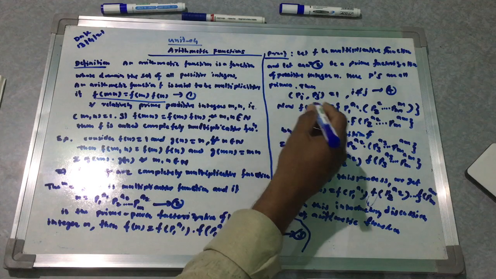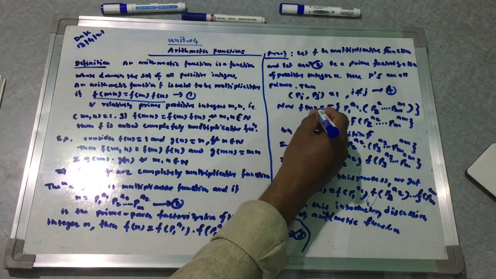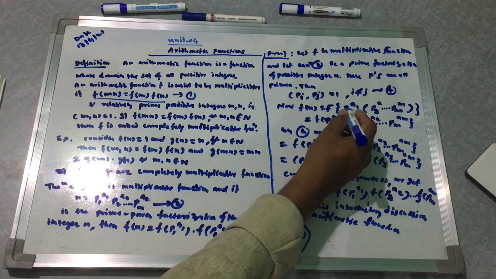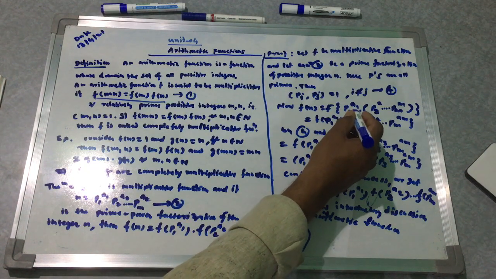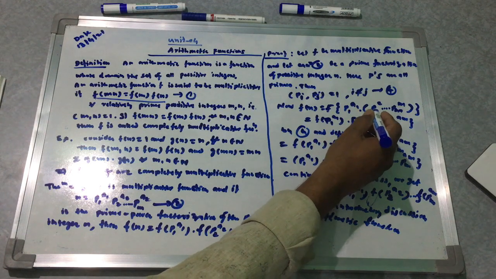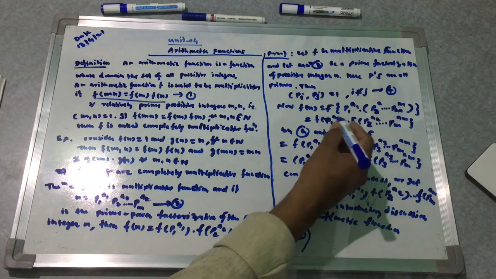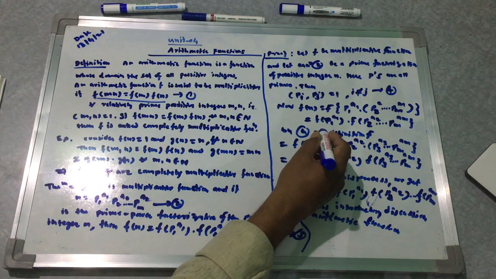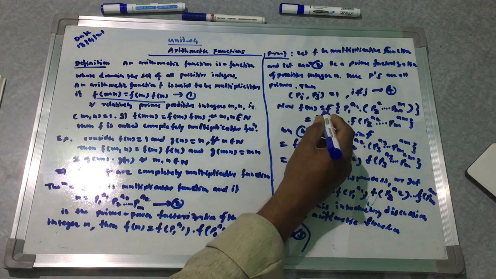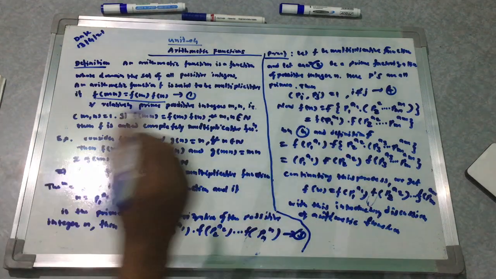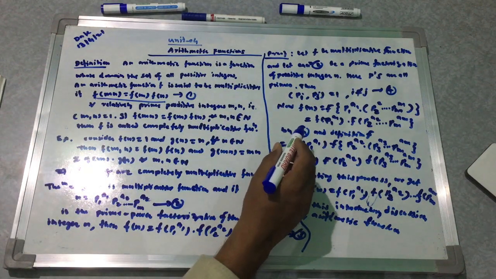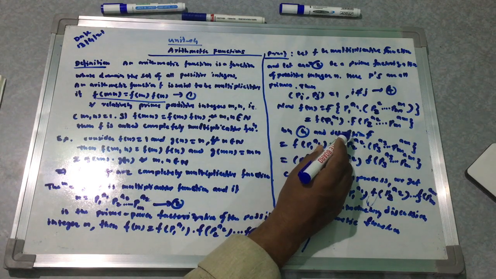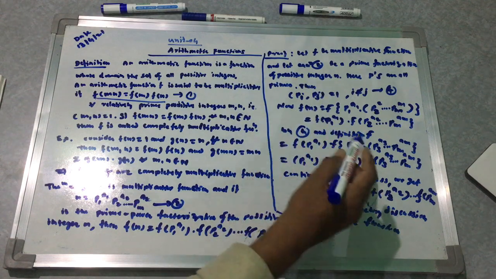So now f of n is equal to f of p1 to the power a1 into p2 to the power a2, up to pm to the power am. This is equal to f of p1 to the power a1 and f of p2 to the power a2 up to pm to the power am, by the definition of f.